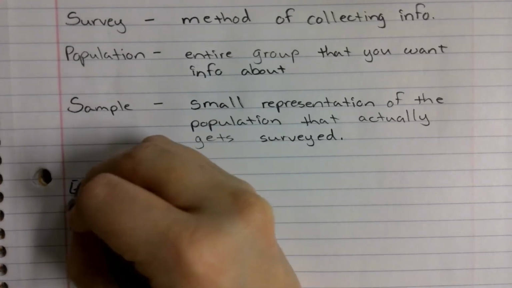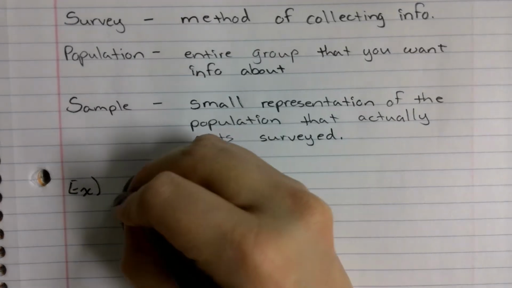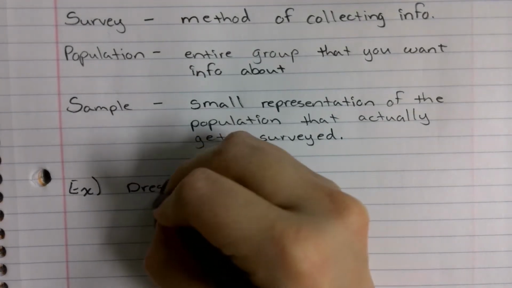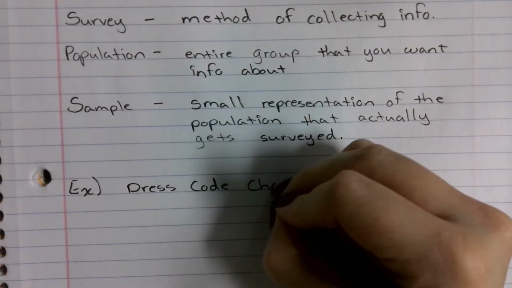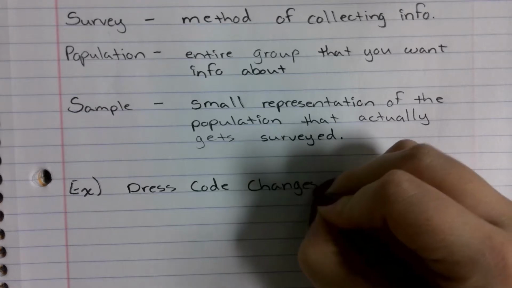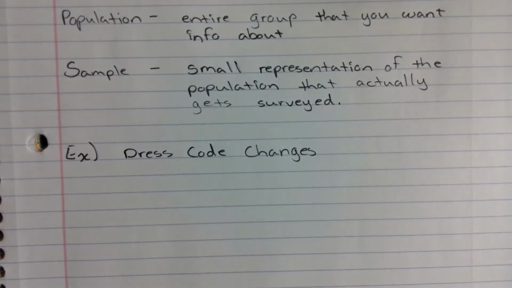So let's first discuss who would be considered to be the population and who would we consider to be a sample. So if I wanted to talk about dress code and the changes that might be made with dress code, what group is this information going to be entailed to?